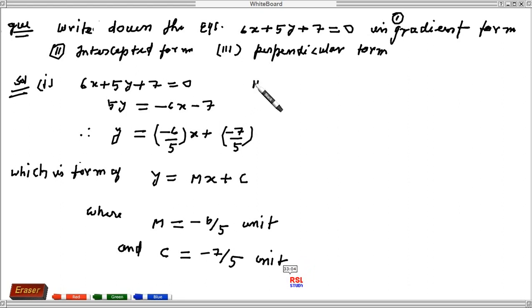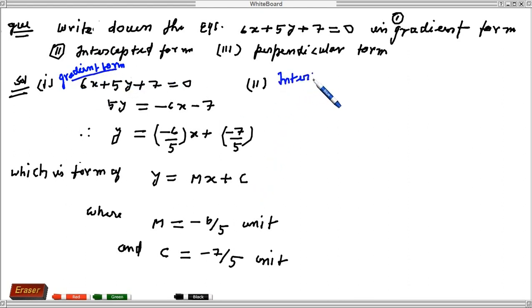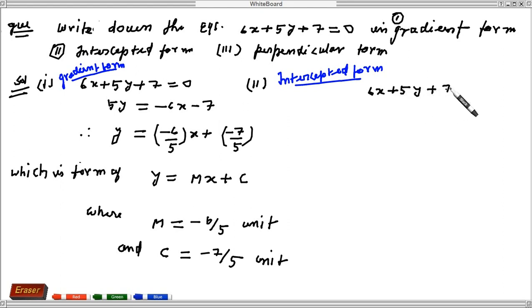So now we'll convert this equation into intercept form. This was the gradient form, now converting into intercept form. The general equation of the intercept form is x by a plus y by b equal to 1.